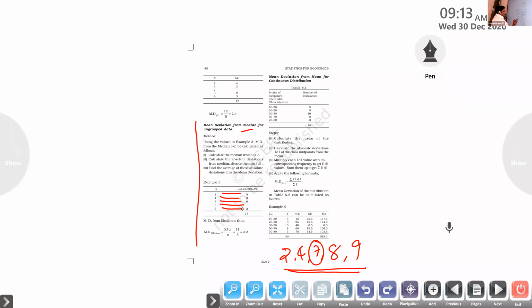So you want to find the sum of D. 5 plus 3 plus 1 plus 2 is 11. Clear? The second method is with the median, so sigma D divided by N: 11 by 5, 2.2 is the mean deviation here. Clear?